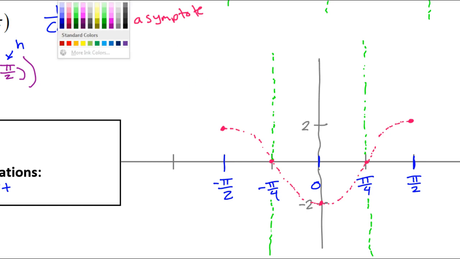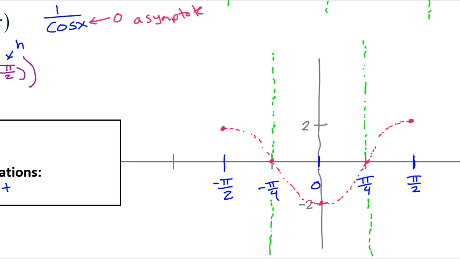Now I know that the secant function is always the same as the cosine function at the extreme values, the highs and the lows. So these blue points will actually be on the secant function. And then from there you have to approach the asymptotes.